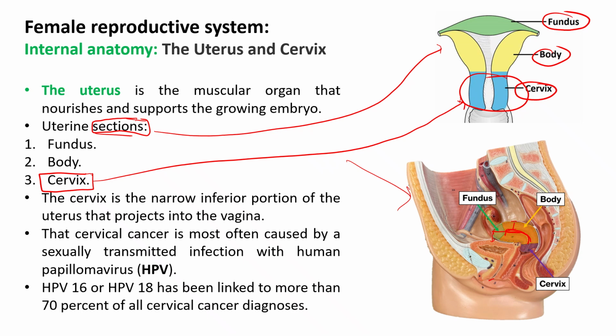Important here is also the location of the cervix. Notice that because it's the inferior portion of the uterus, this is the part that is in direct contact with the vagina, so the vagina is inferior to the cervix.